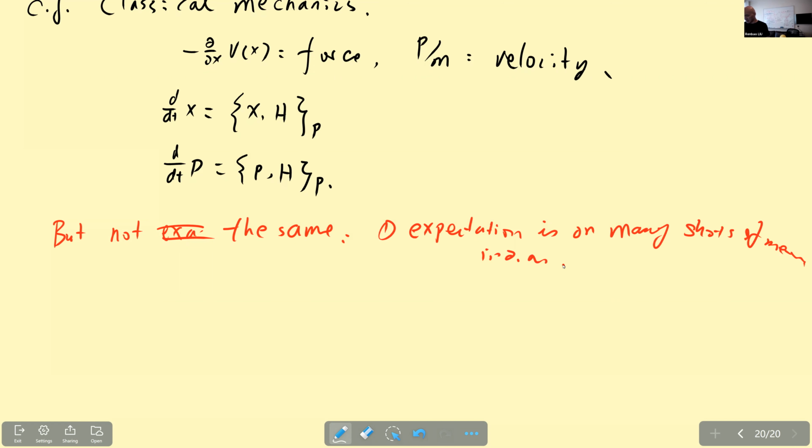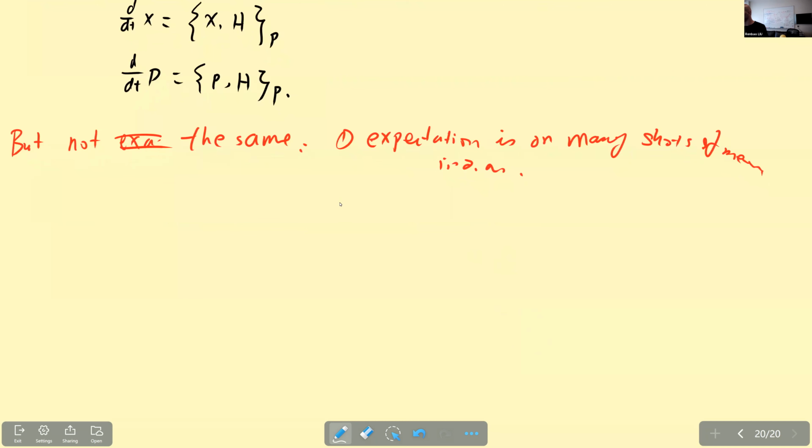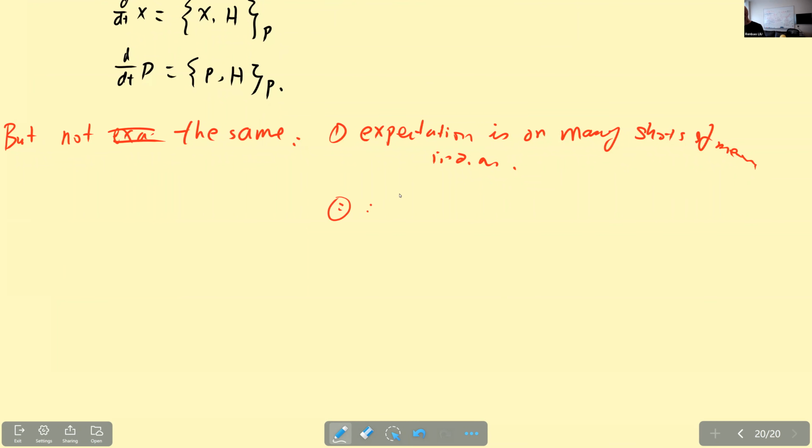And secondly, the average of V prime of x does not equal V prime of the average x.